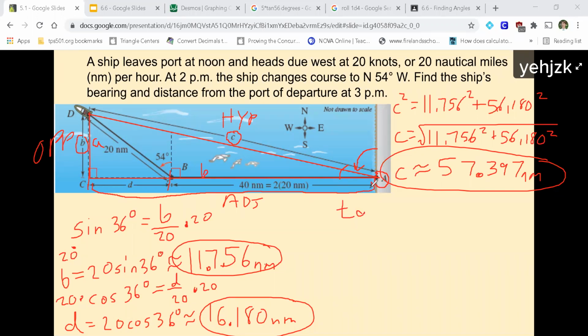The tangent of angle A is the opposite side, 11.756 over the adjacent side, 56.18, which means that A is equal to the tangent inverse of 11.756 over 56.18.